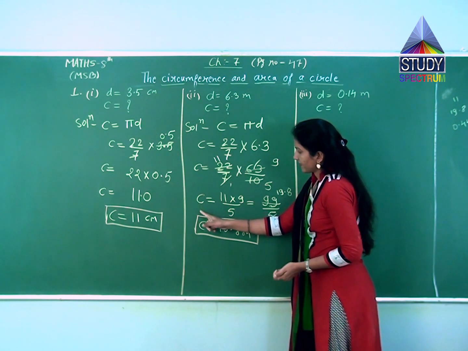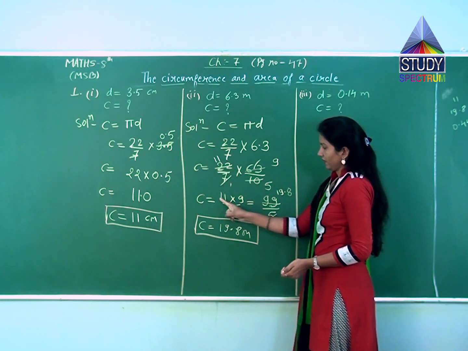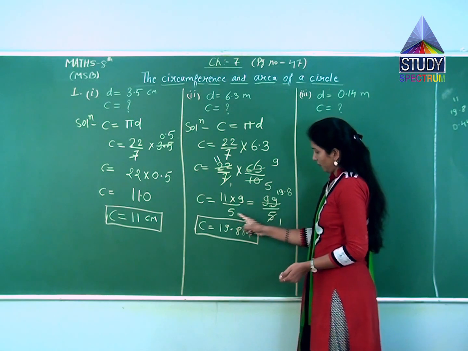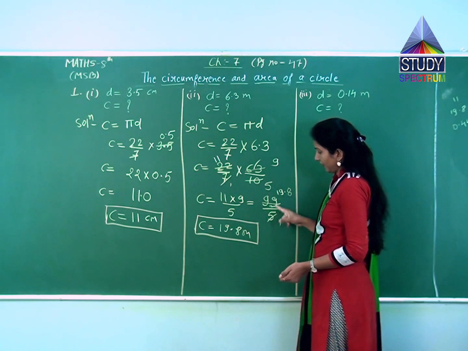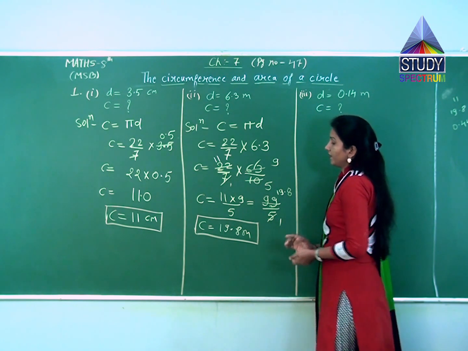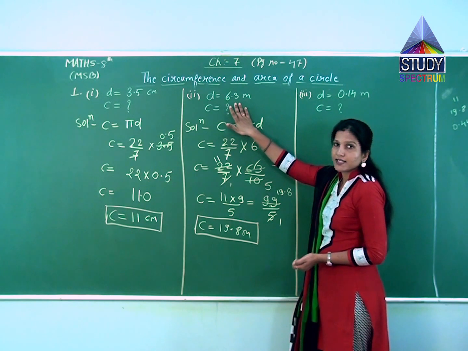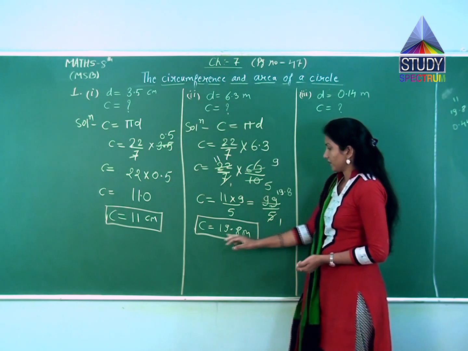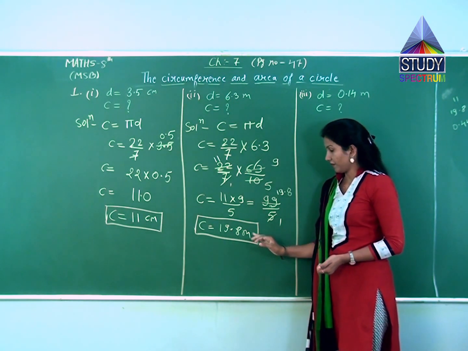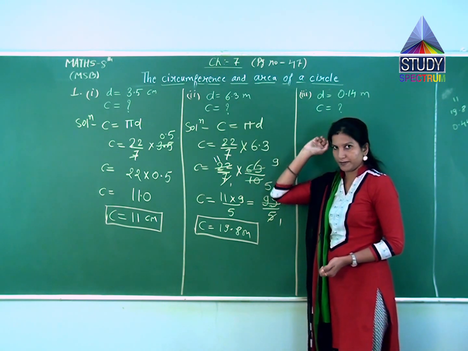So in the next step, C is equal to 11 into 9 upon 5. 11 9s are 99 upon 5. And on dividing 99 by 5, we get 19.8. So our required circumference for this circle having diameter 6.3 meter is 19.8 meters. Why meters? Because the diameter is given in meters.